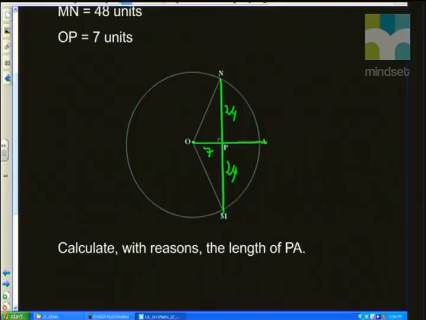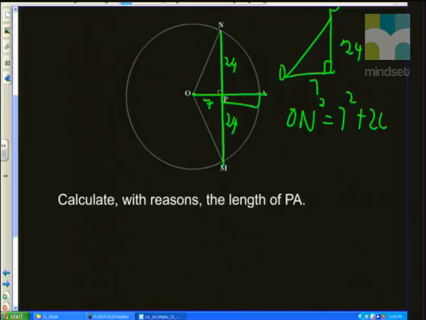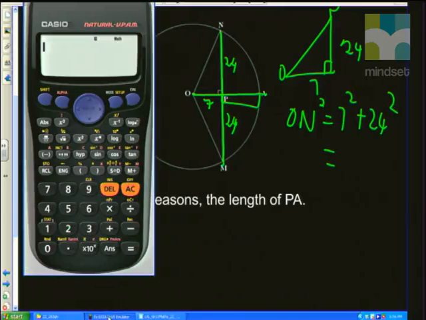Okay, right, now let's work it out quickly. We want this PA, so we need to work out what PA is. But we have this triangle with 24, 7, and ON. ON, we don't know what ON is. So ON squared will be 7 squared plus 24 squared. Let's just quickly work that out.